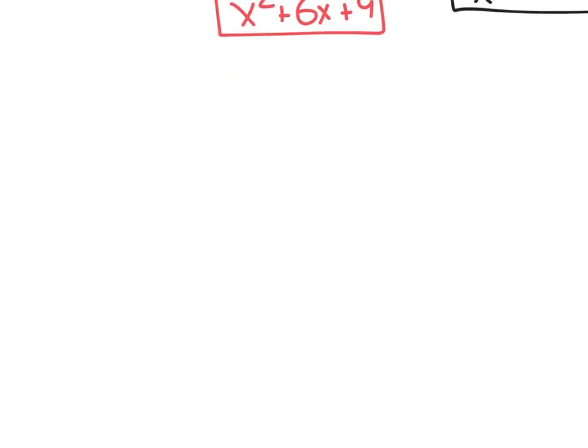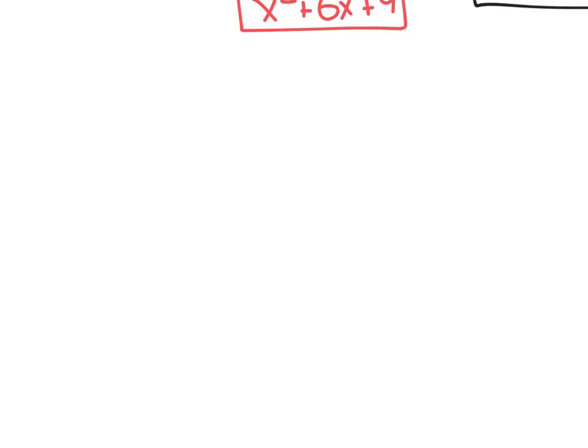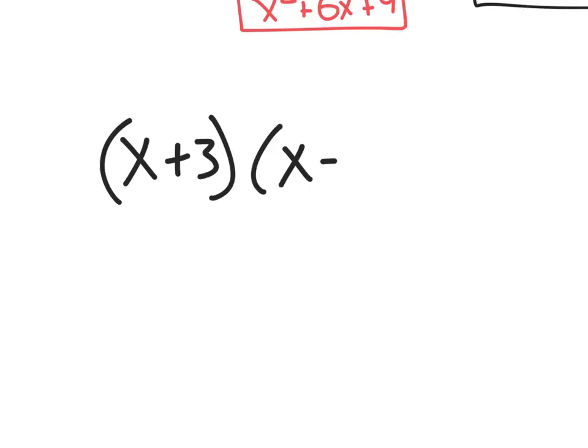The other pattern is when you have something like a binomial, let's say x plus 3, times the same binomial but with the sign changed, x minus 3, okay? Let's actually work this through and see how we would normally do it, with our old skills. We're going to go x times x.